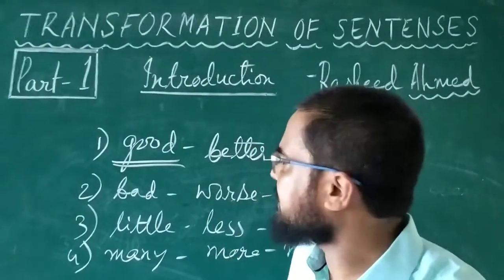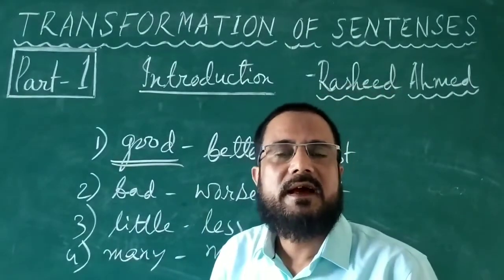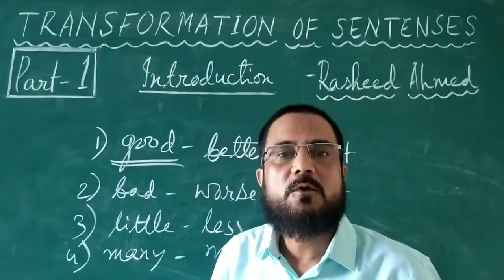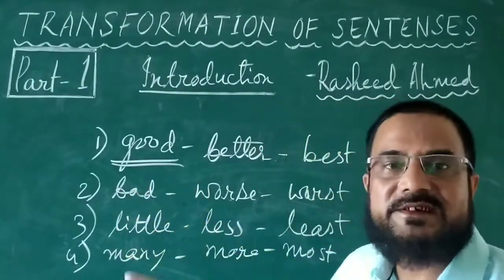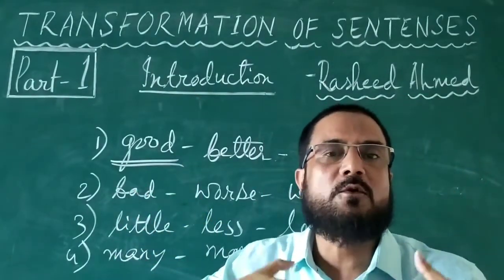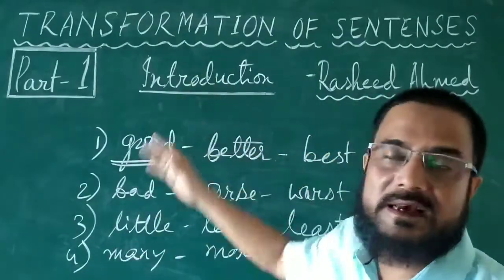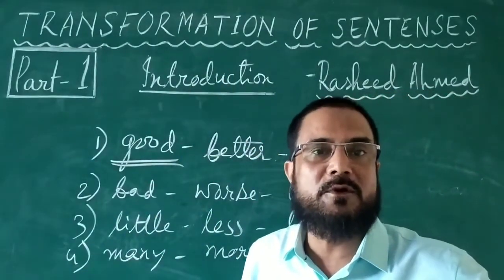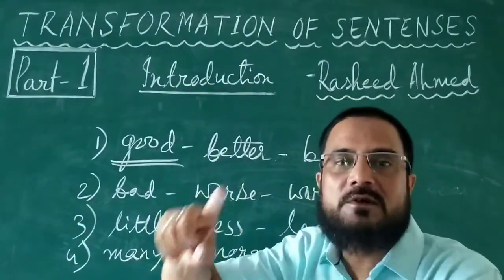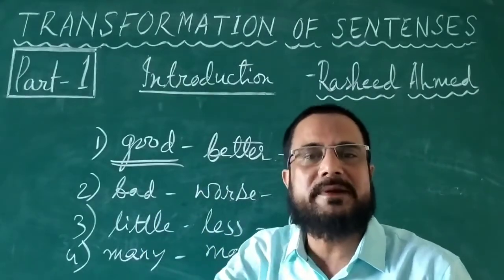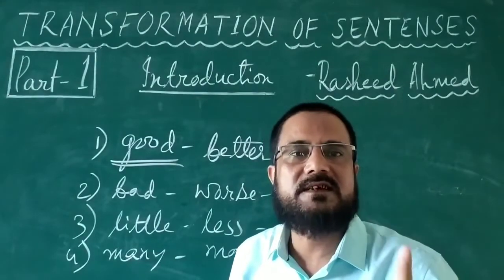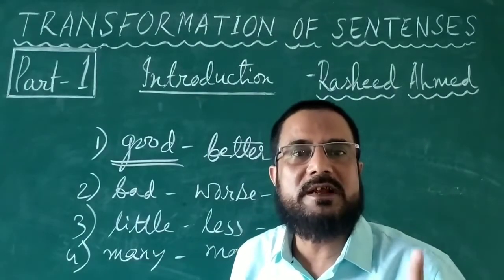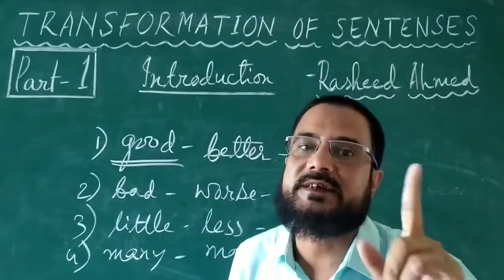Now, these are the introductory things. In the next video, we will study how, when you find these words used in a sentence, you have to change the whole sentence. That is called transformation. It is not like changing the way you did it in small classes. Transforming the whole sentence, its structure, its looks, its appearance, everything will be changed. And in spite of all these changes, you have to ensure that the meaning is not changed.